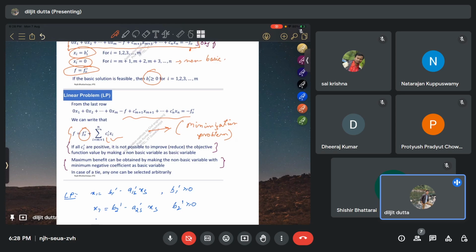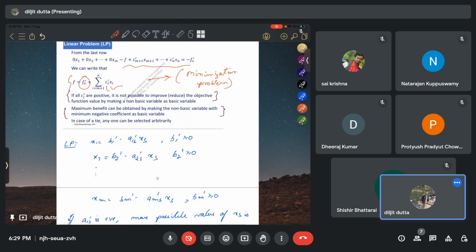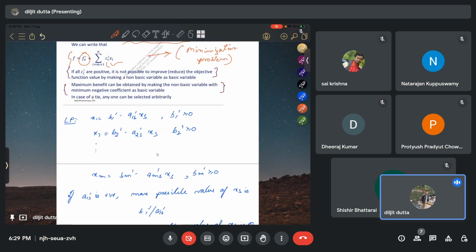Then we will consider that non-basic variable into the basic solution, convert it to a basic variable, and replace one of the basic variables with a non-basic variable to maintain the feasibility criterion of the solution. How the simplex method does that, we will see in the step-by-step procedure in a couple of minutes.